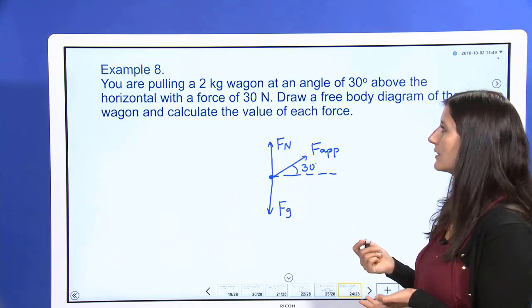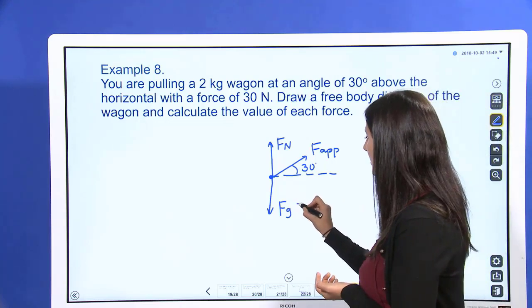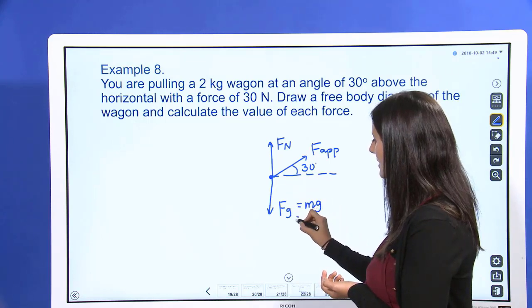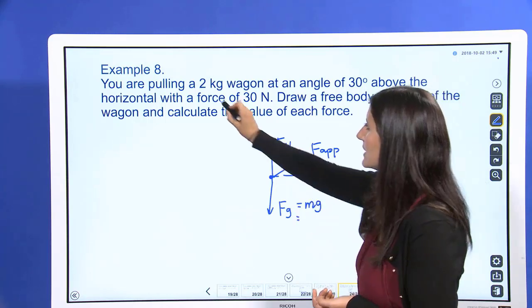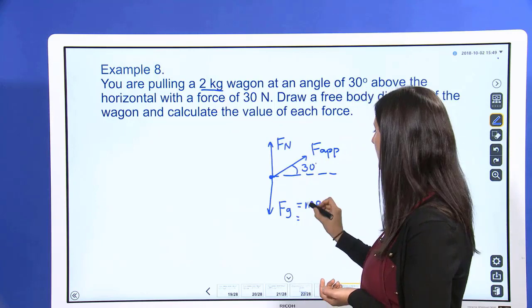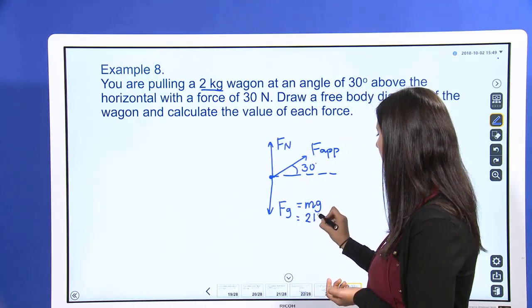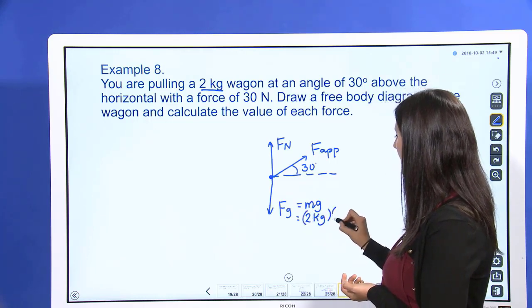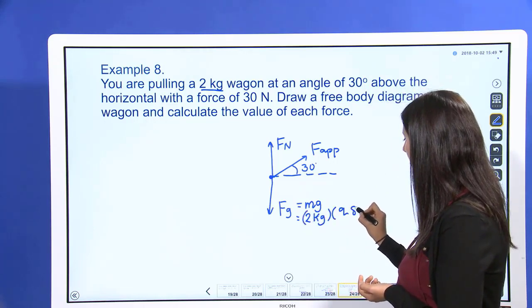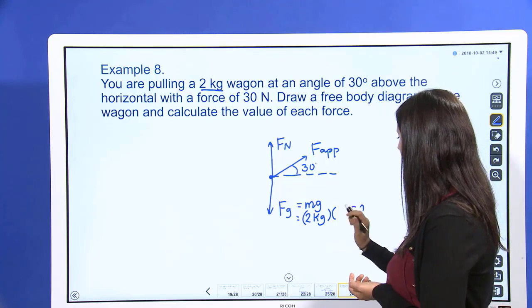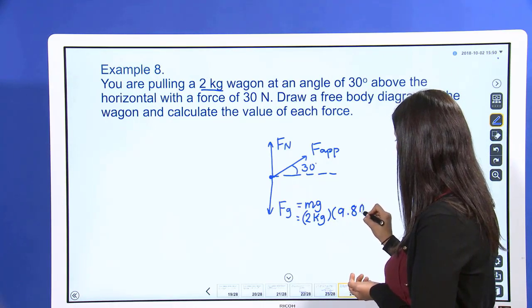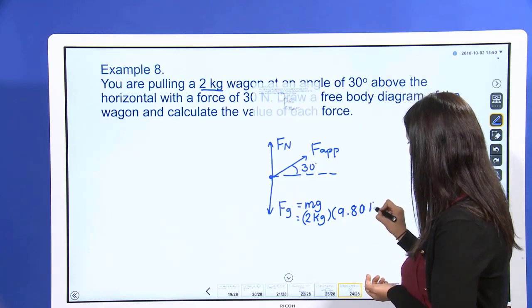Now we're going to actually calculate everything. So Fg always equals mg, where m is the mass of the object in kilograms, so in this case it's 2 kilograms. And g is 9.80 newtons per kilogram.